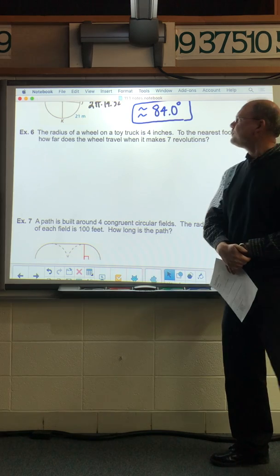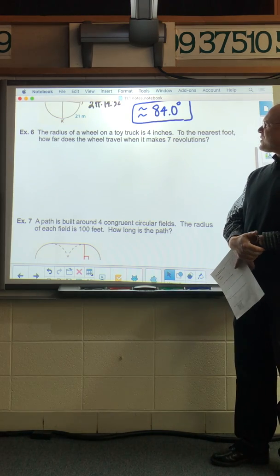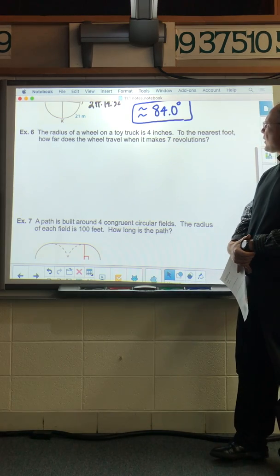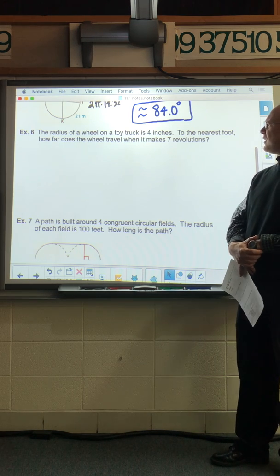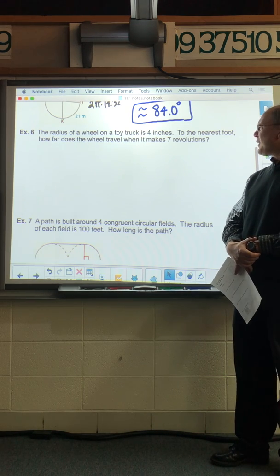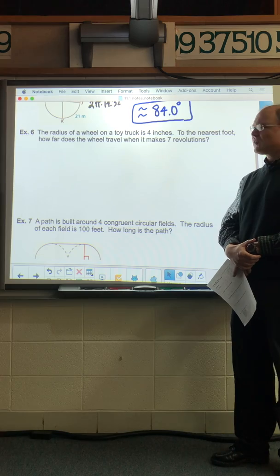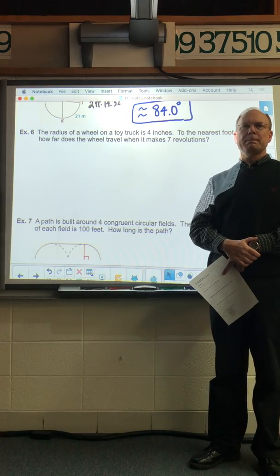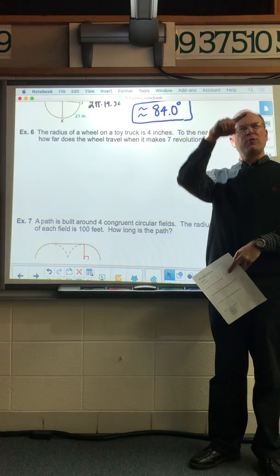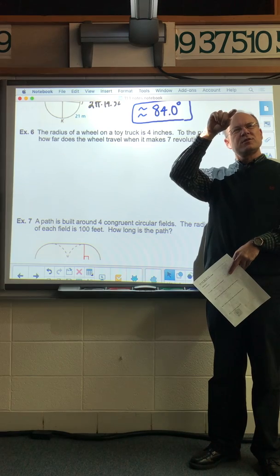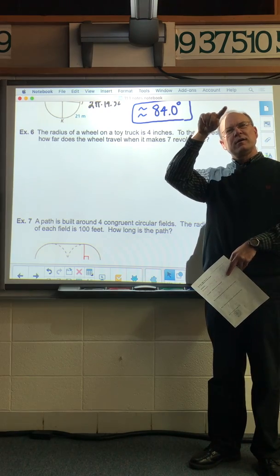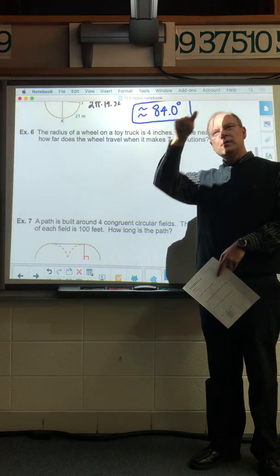Okay, two more. The radius of a wheel of a toy truck is 4 inches to the nearest foot. How far does the wheel travel when it makes 7 revolutions? Okay, so picture a revolution. So you got a wheel, and it's gonna roll.